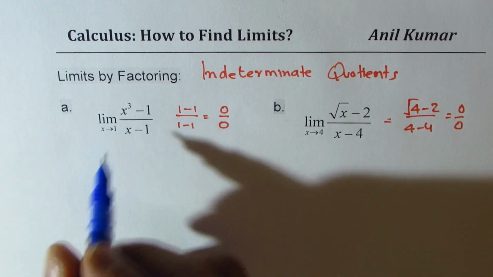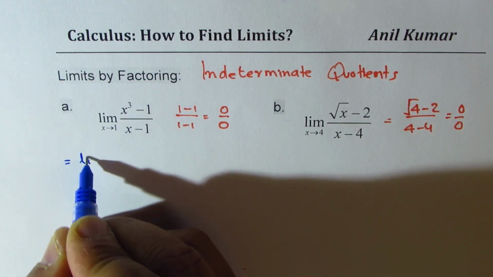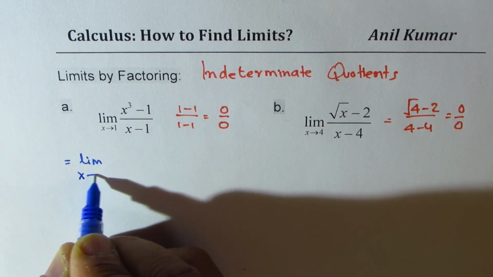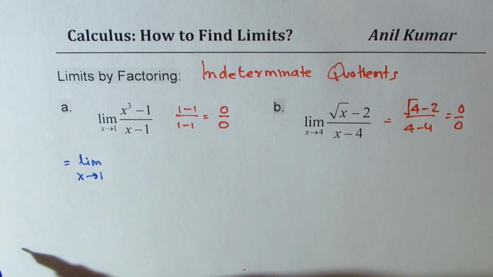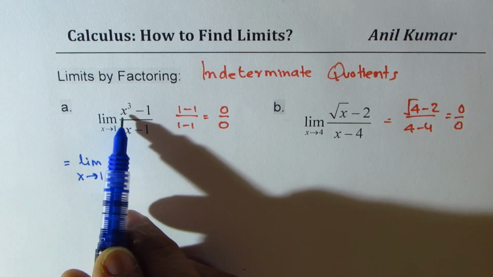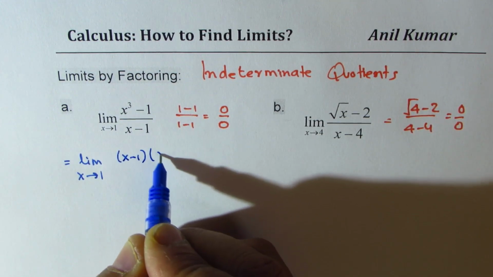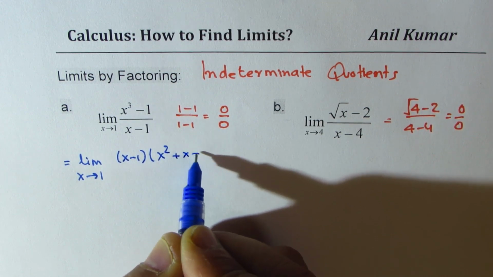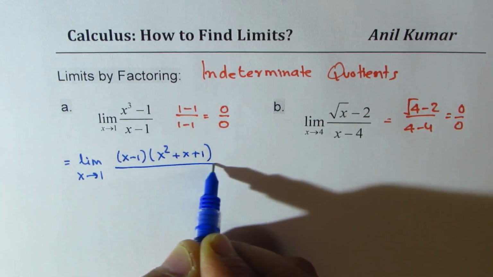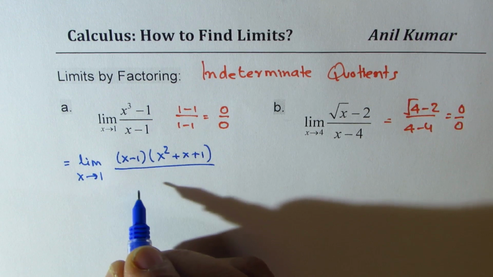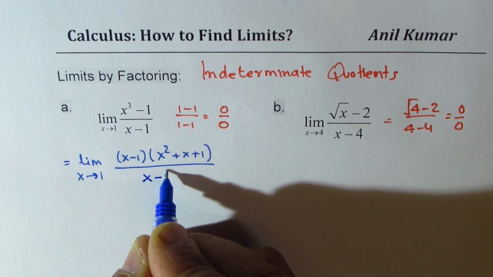So what we should do now here is rewrite the function in factored form. That is best for this kind of question. Expand x cubed minus 1. What we get here is x minus 1 times x squared plus x plus 1. Correct? That is the expansion for a cubed minus b cubed. Divide by x minus 1.